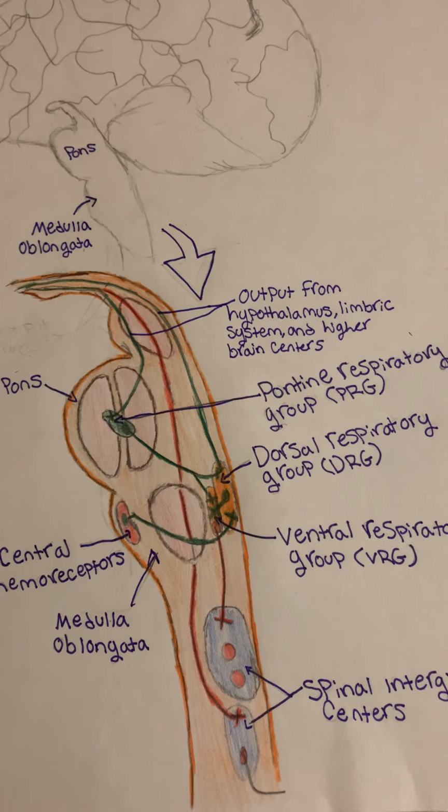And these webs of neurons receive input from those sources, and they receive input from the chemosensitive center and the central chemoreceptors too. So they come from over here and go to that dorsal respiratory group.